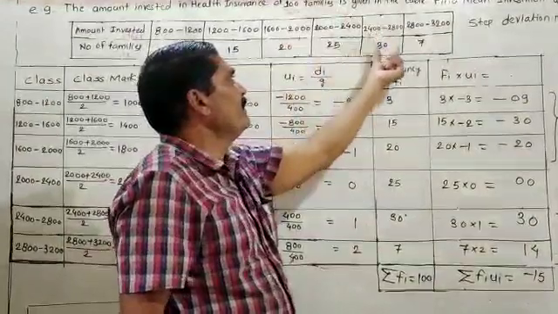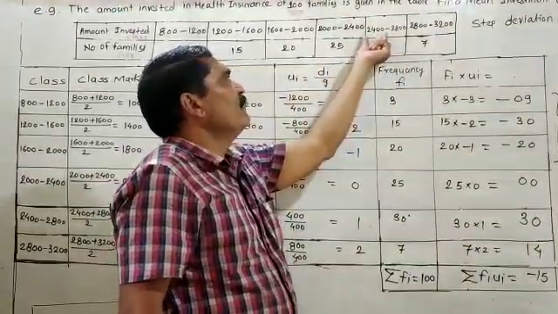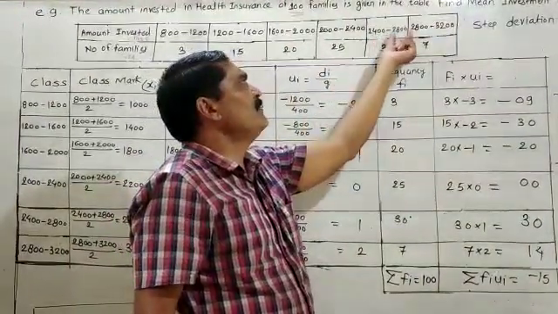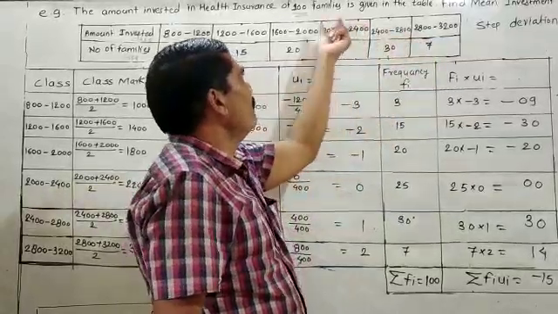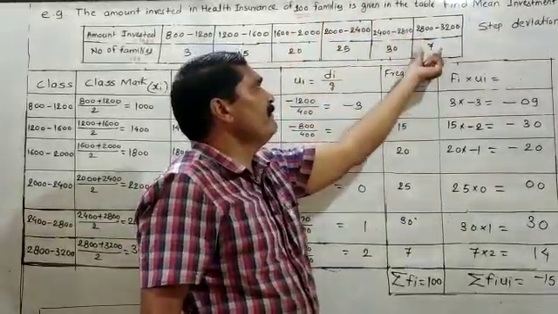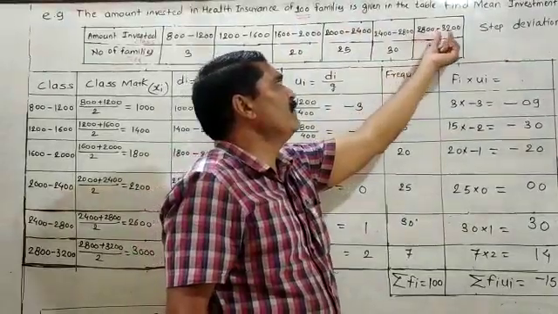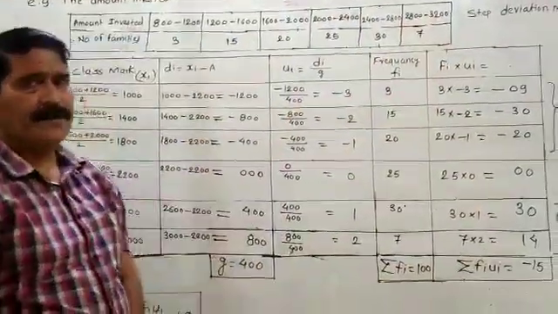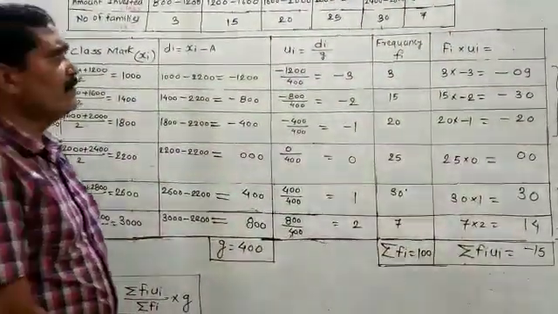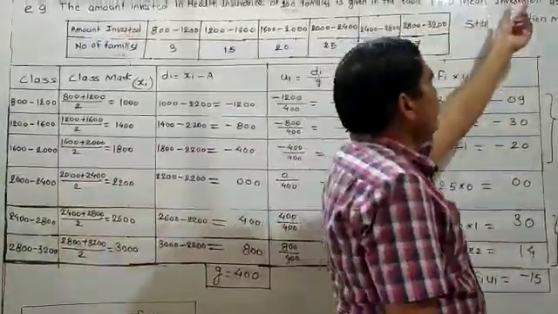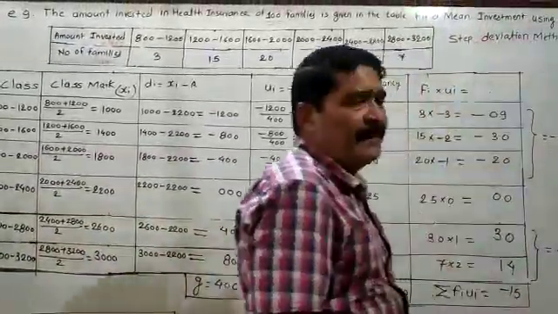Out of these 100 families, 30 families invested 2400 to 2800 rupees. And 7 families invested 2800 to 3200 rupees in the insurance. You have to find the mean investment using the step deviation method.